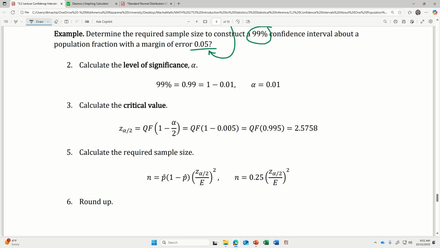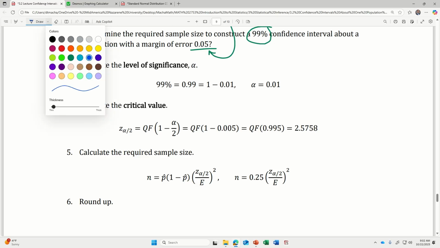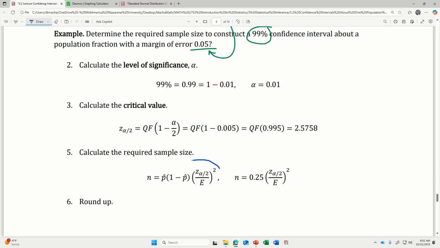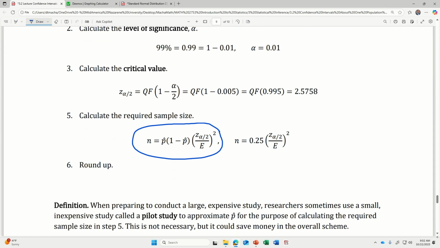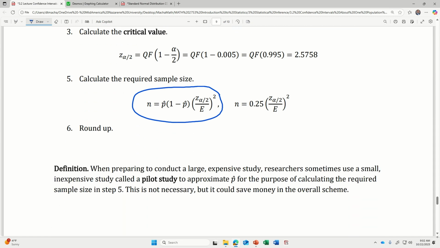I'm giving you 2 separate formulas. This formula is what we're going to use if we already have conducted a pilot study, or we already know a little bit of something about where the population fraction kind of is. So imagine this, you want to have a super high level of confidence.